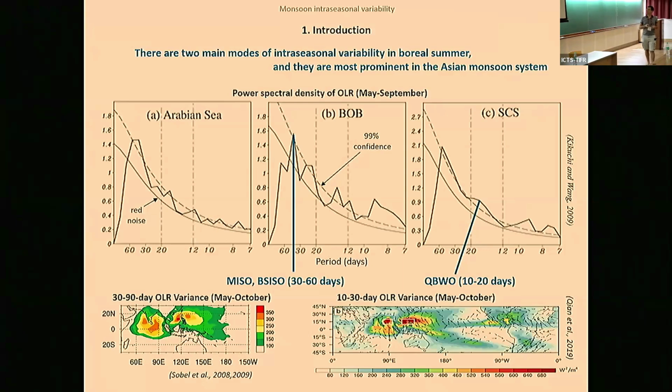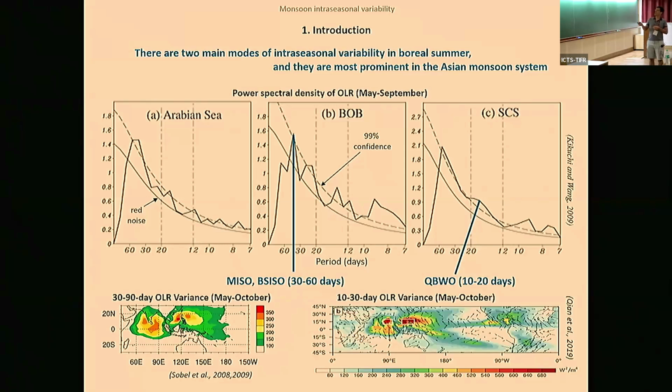If we just look at the spectra of OLR in different regions south of the Asian continent, Arabian Sea, Bay of Bengal, and South China Sea, during the monsoon season, this is what we get.